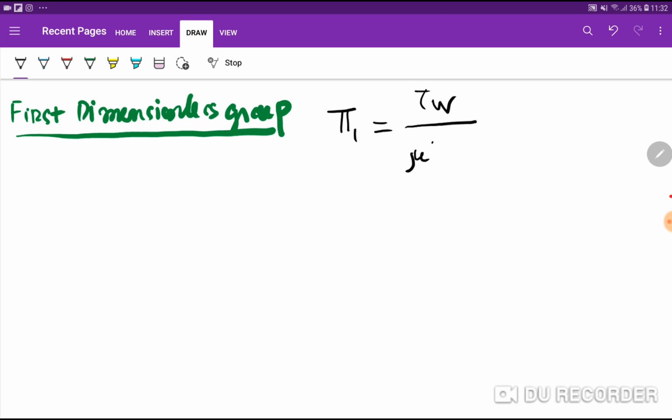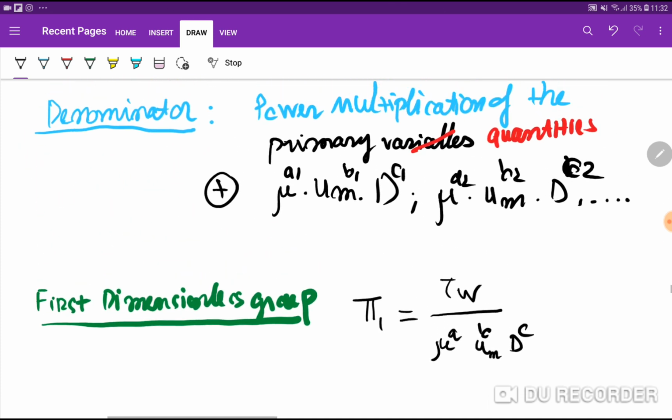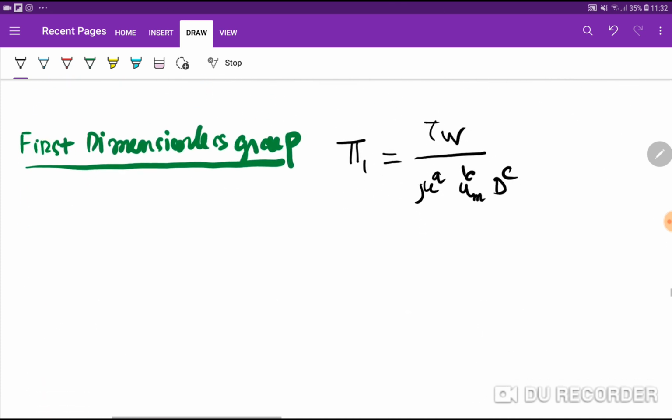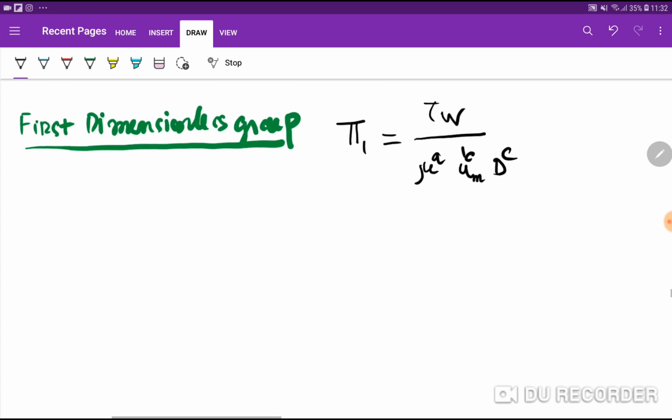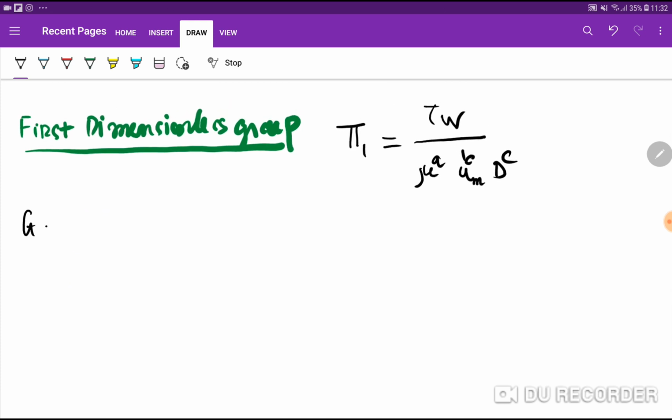So let's say rho to the a, mu to the b, d to the c. I'm just going to write a, b, c. Your goal is to find a, b, c, like the alphabet song. Okay, let's go ahead and do that.